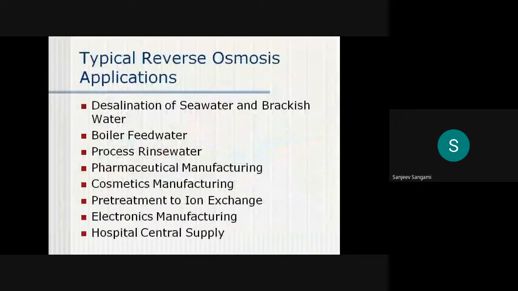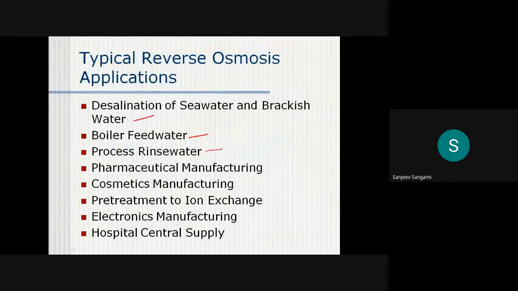So some of the typical reverse osmosis applications include the desalination of seawater and brackish water, boiler feed water, process rinse water.